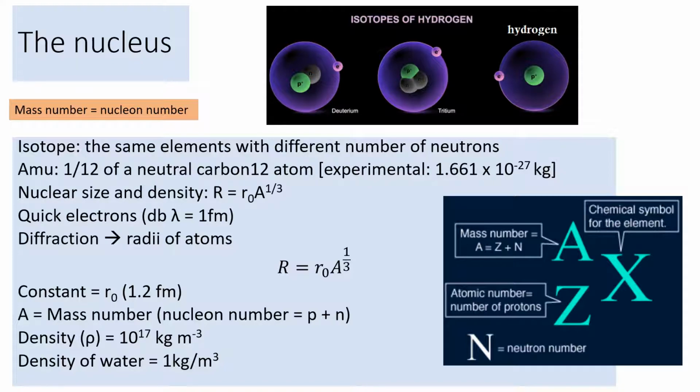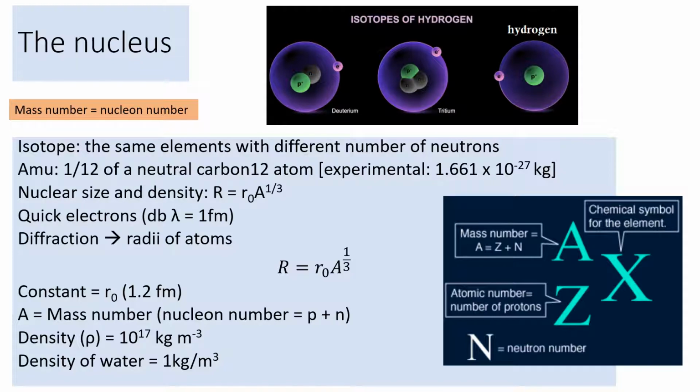So the equation is R equals R naught, where R naught is roughly 1.2 femtometers, multiplied by the cube root of A, the cube root of the mass number or the nucleon number. The density of the nucleus is about 10 to the power of 17 kilograms per meter cubed. If you compare that to the density of water, that is 1000 kilograms per meter cubed.